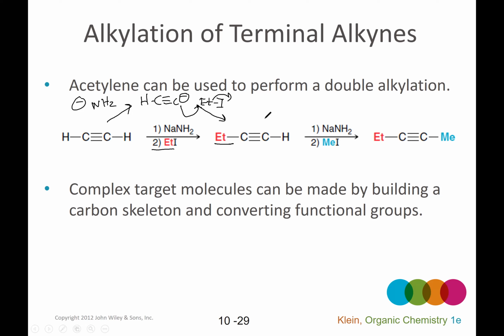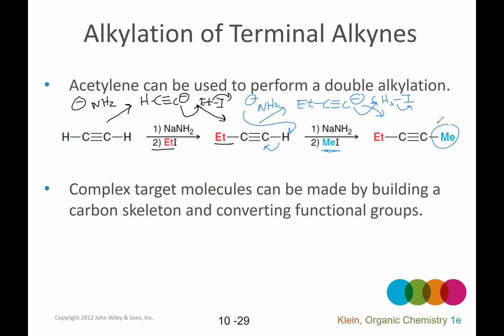You can take the amide ion again, deprotonate that alkyne, generate the alkynide ion from that one, and now we've chosen to add a methyl group, but we can add propyl groups, ethyl groups, and so we add methyl iodide now, MeI. You get an SN2 reaction, you add the methyl group.